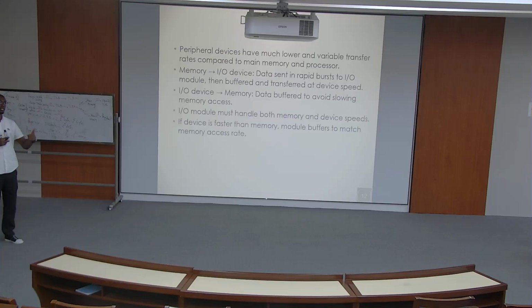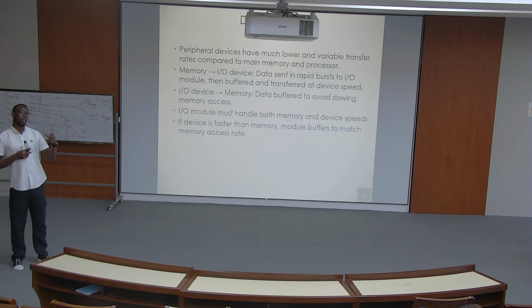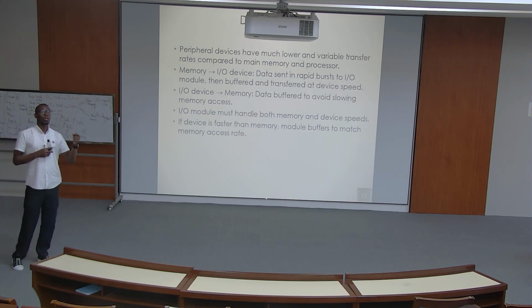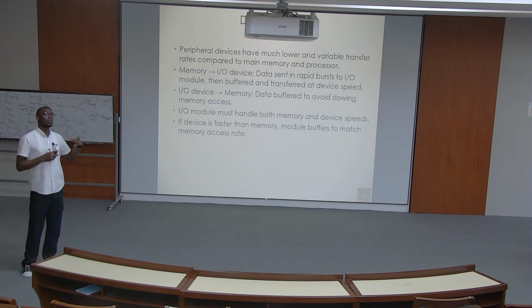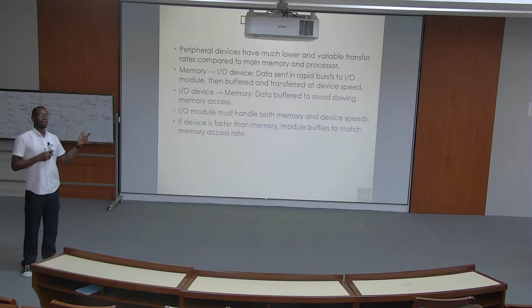Then once it is sent to the input-output module, the input-output module includes a buffer to store the data temporarily in data units of 8 or 16 bits, depending on which kind of communication it is. Then the data will be sent to the input device at the device's speed.